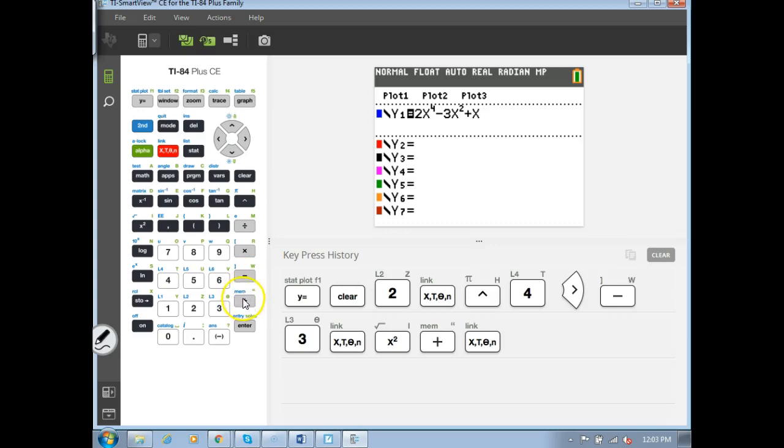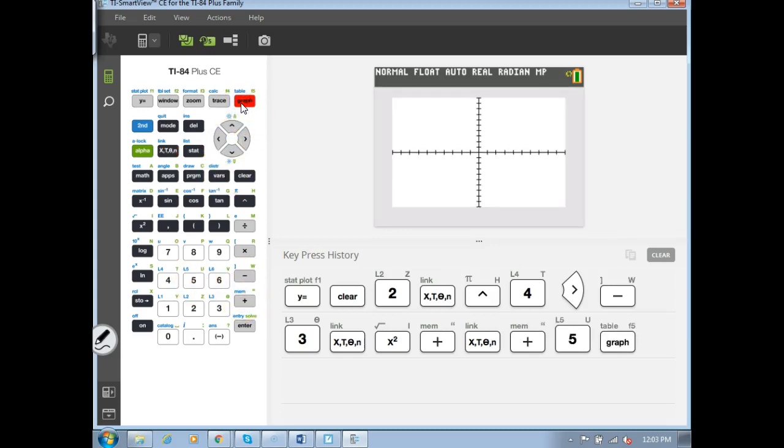Plus 5? Okay. And then depending on my window, this window might work, it might not.